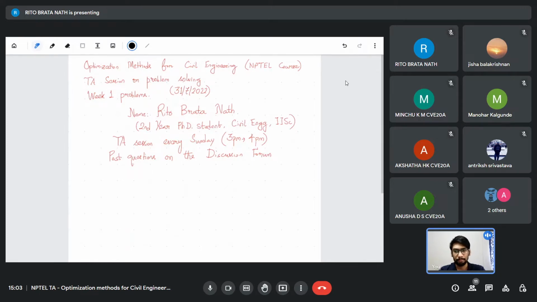So the idea of this TA session is that we'll be solving some problems that are pretty similar to the assignment problems. I'll be solving 3 to 4 problems in every session. In between, if you have any doubts related to the problem that I'll be solving, you can just unmute and ask, and I'll try to clear that doubt there itself. Also, if you have any doubt related to the content of the week, I hope that every one of you has gone through the lectures already, so you can ask that as well.